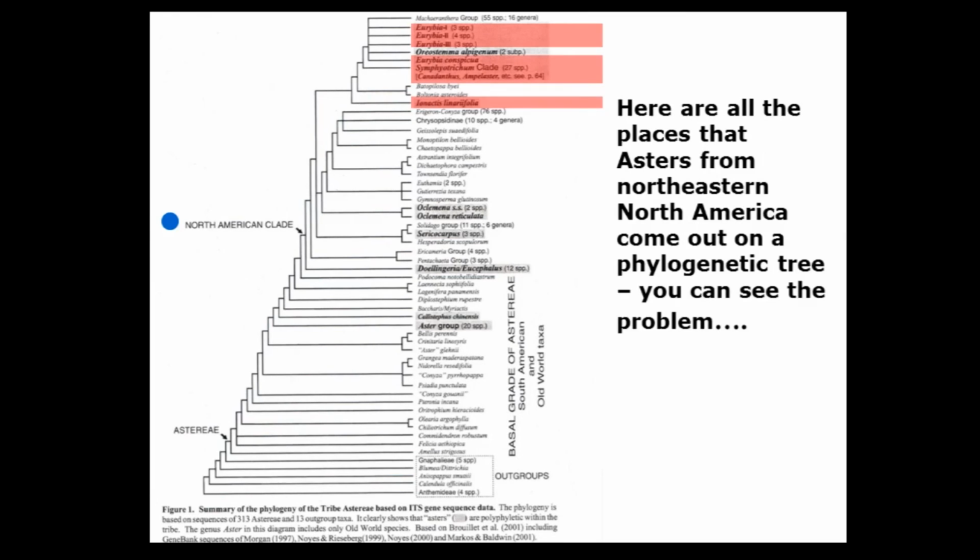Asters. This is a real sore point. Asters. Ooh, the aster disaster. What's the problem with asters? Well, here you have a nice phylogeny, and here are all the places where what we used to call asters come out. You know already that this is bad.